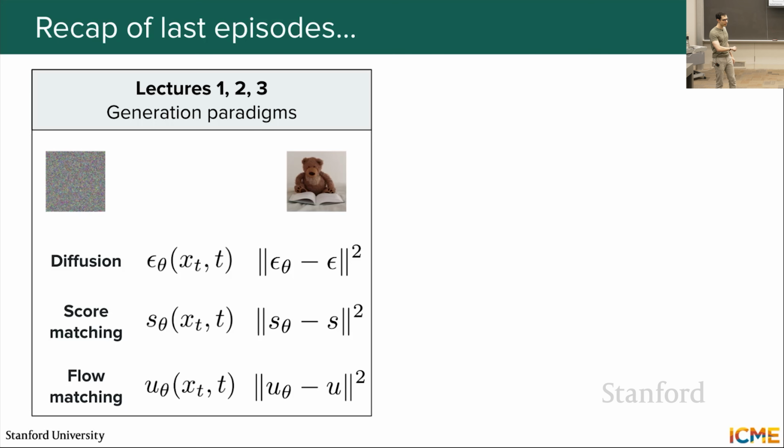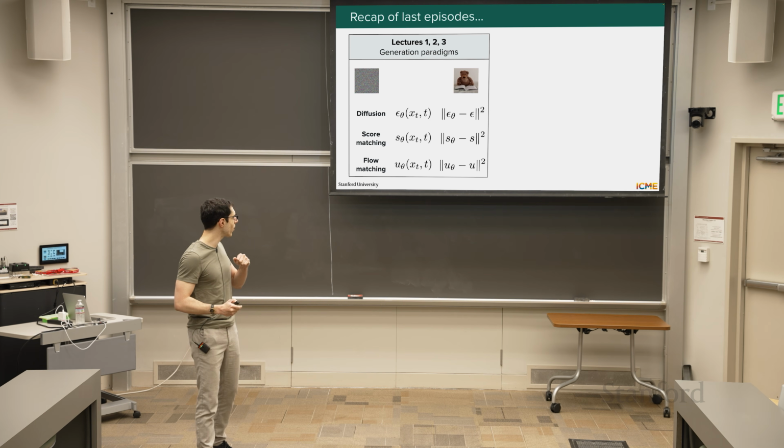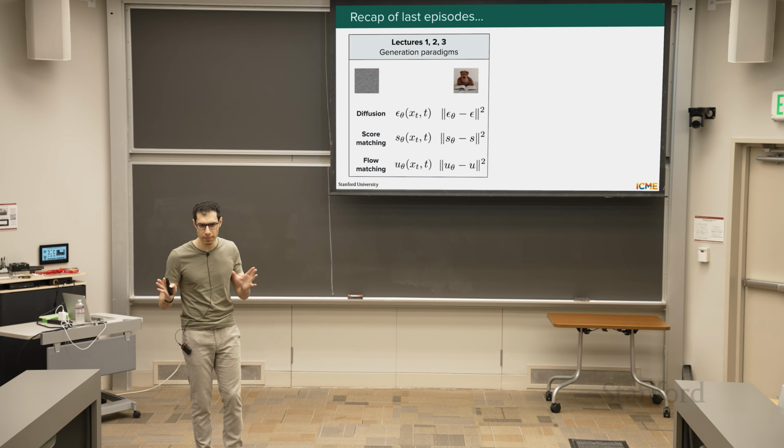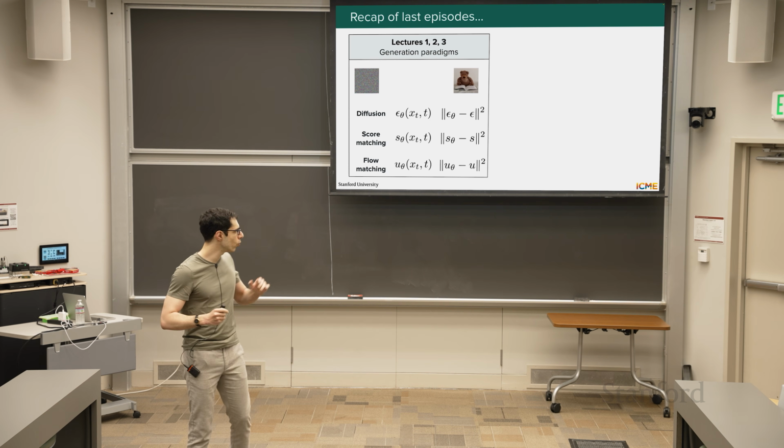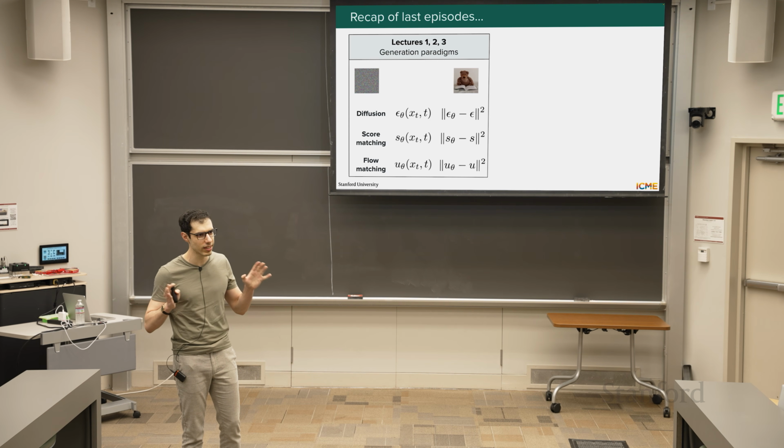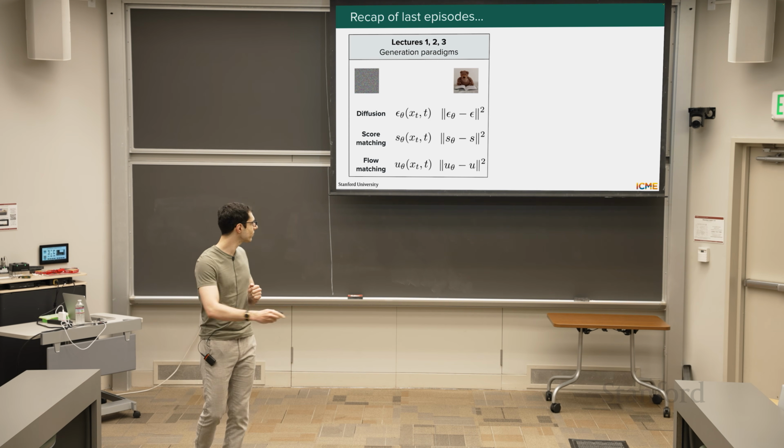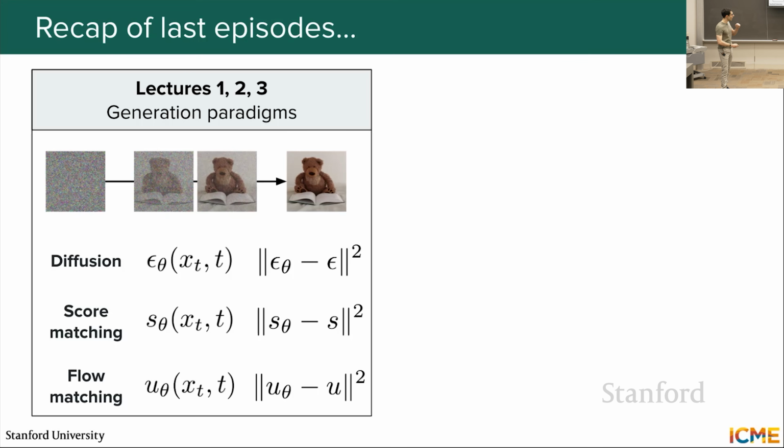And then the last one was lecture 3, where we said, OK, this problem can actually be framed as a transport problem, where we want to go from an initial distribution, which is the noise, to the target one. And here we derive the loss based on the velocity, aka vector field, which is, again, very nice, can be expressed as an L2 regression loss. And in between, we have this denoising process that is similar in these 3 paradigms, but done differently.